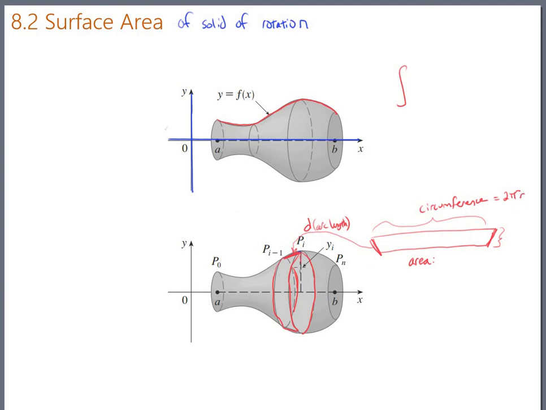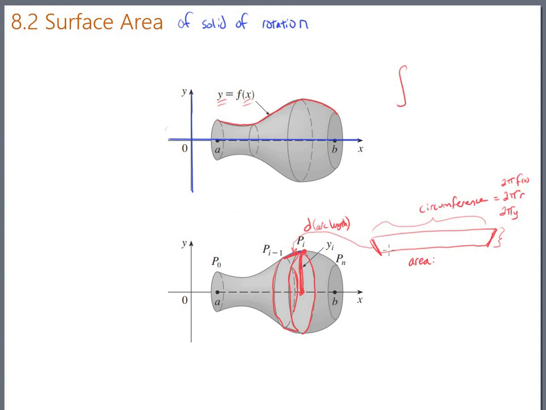R is this radius right here, the distance from here to here. And that distance, of course, is just the function value. It's y, or f of x, same thing. So the circumference will be 2 pi y, or maybe a little bit more comfortably for us, 2 pi f of x.